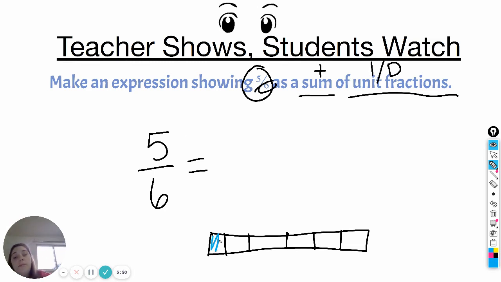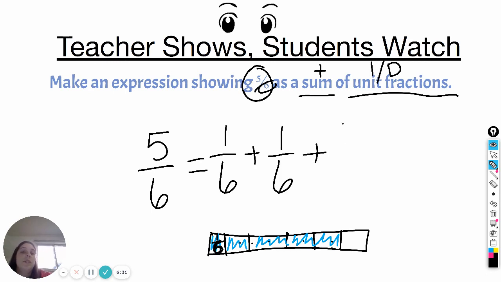I have 5 of them. 1, 2, 3, 4, 5. And each piece is worth 1/6. If each piece is worth 1, I'm going to need 1, 2, 3, 4, 5 pieces. So really, I'm adding together, I'm sorry, the denominator down here is 6, not 5. But we need 5 pieces. So I'm going to be adding together 1/6 plus 1/6 plus 1/6.